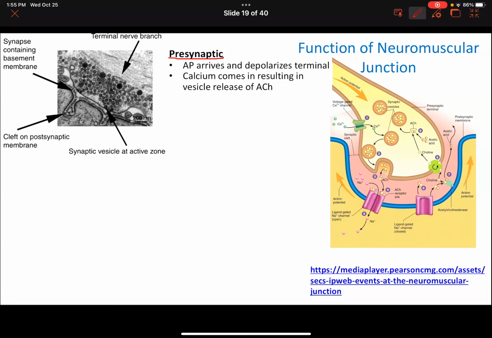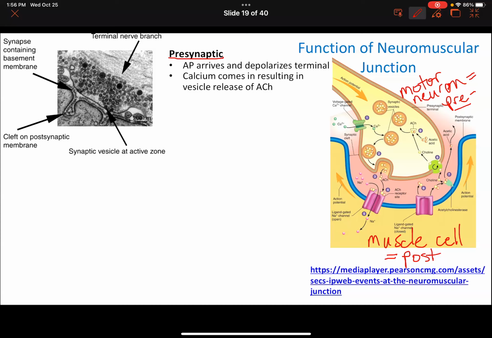So remember, this neuromuscular junction is a synapse where you have a motor neuron, which is here, or a motor nerve, and it's meeting with a muscle fiber or a muscle cell. We call this side the presynaptic side because it's pre the synapse, and we call this muscle cell the postsynaptic side because it's on the after part of the synapse.